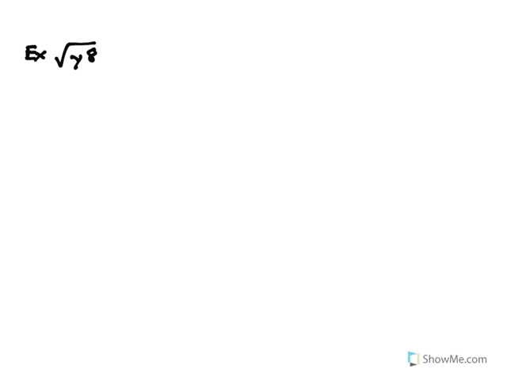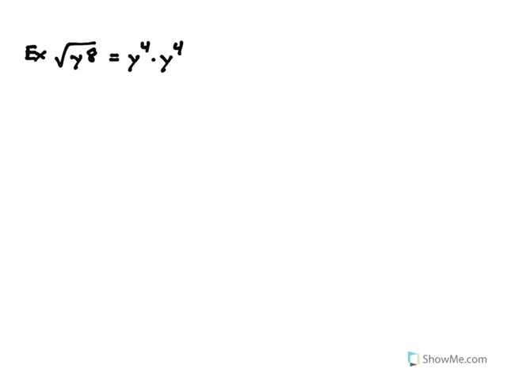We're taking the square root of y to the 8, okay? If we do that, I want you to think of this as y to the 4 times y to the 4. Why am I doing that? Because I'm working backwards. I'm basically asking what times what, so that when I add the exponents, I get 8.